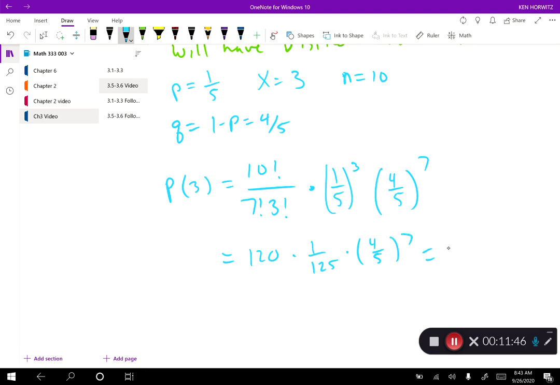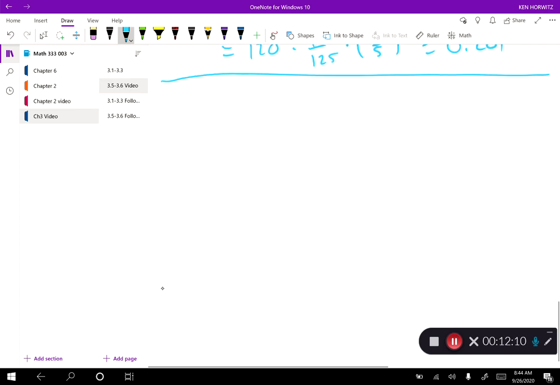And when I run all of that through, I get 0.201. So the probability that they visit a doctor in the last month is 0.201. And yes, I would love it if you were to write that sentence out.